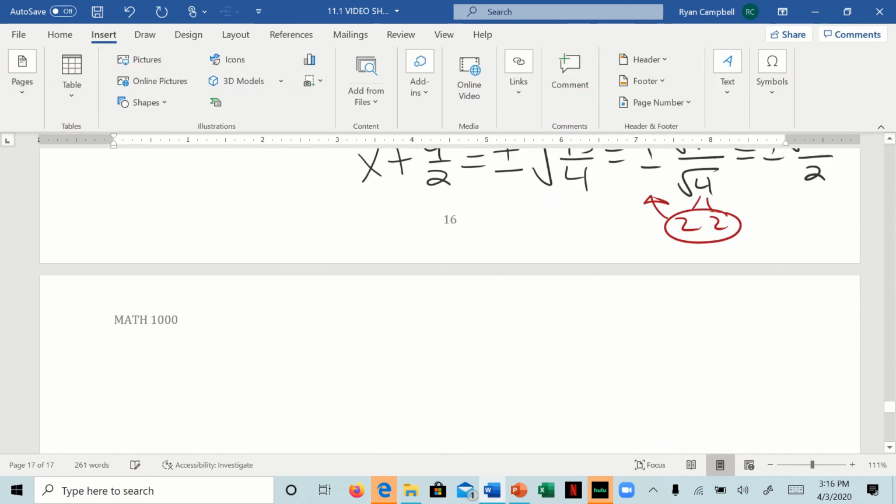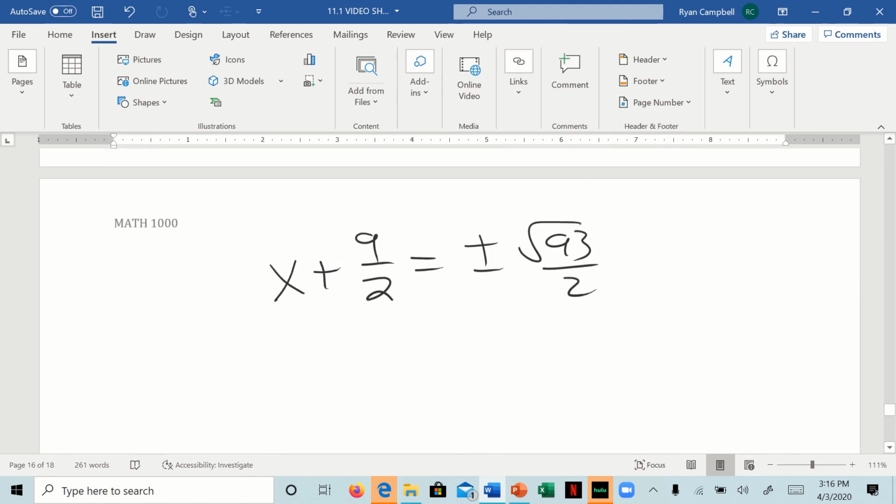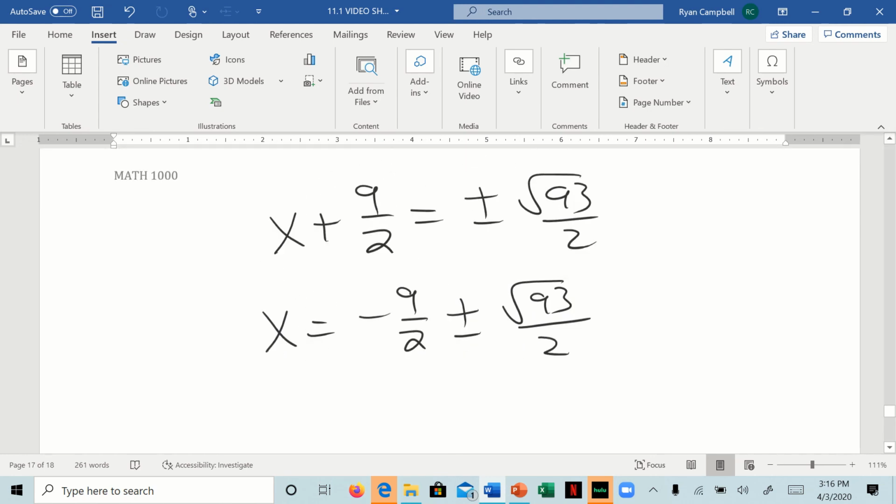And then lastly, we get x plus 9 over 2 is plus or minus the square root of 93 over 2. So we can just subtract to the other side, and we end up with negative 9 over 2 plus or minus the square root of 93 over 2. So we can use it like this if you want.